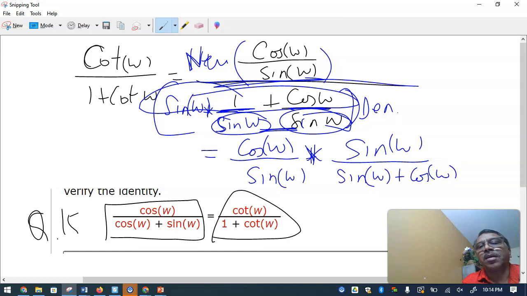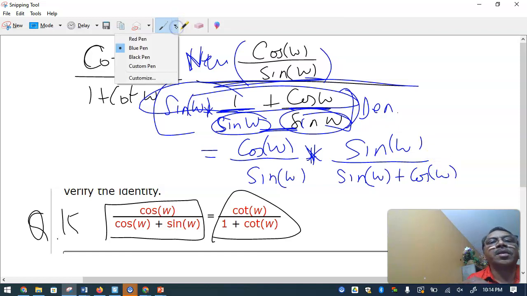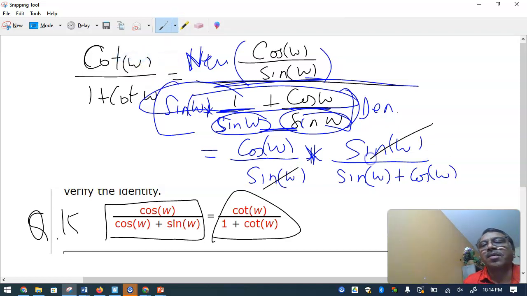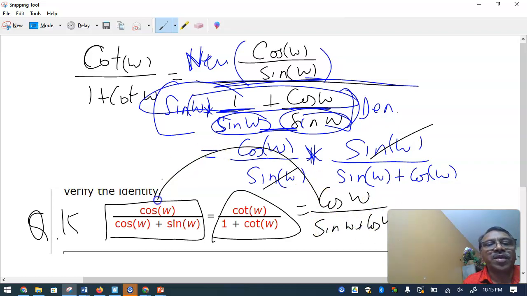Okay, and look for anything that you can cross out. You can see this sine and sine goes away. So what are you left with? Cosine of this over the sum, and that's what we have here.